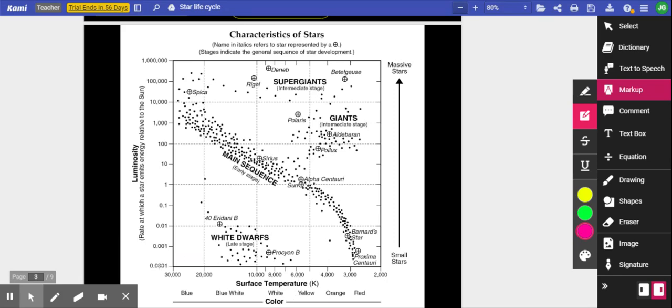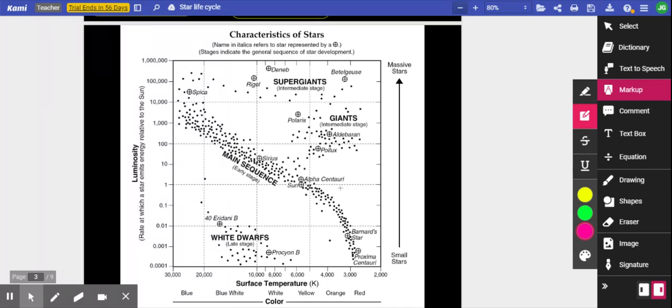Let's take a look at the y-axis. Y-axis is called luminosity. It says it's the rate at which a star emits energy. You can just think of it as brightness. So if we take our sun, which is a star, and we assign that a luminosity of 1, if you were to put all the stars compared to the sun, this luminosity, this brightness, the amount of energy these stars are emitting are 10 times that of the sun, 100 times that of the sun, 1,000 times that of the sun.